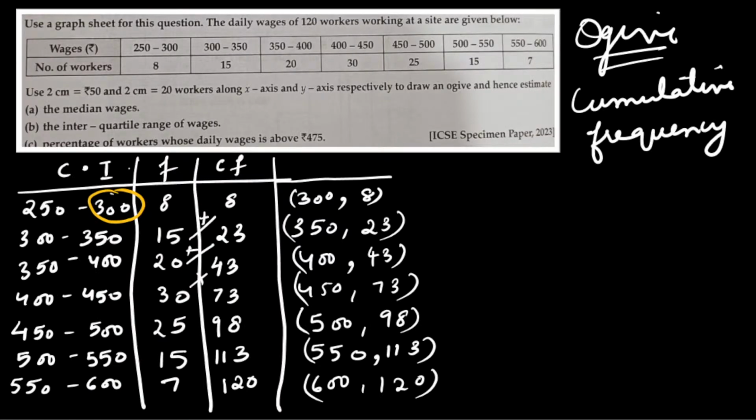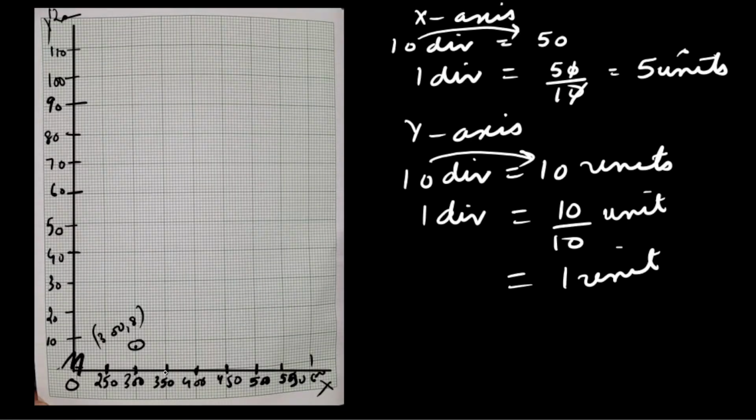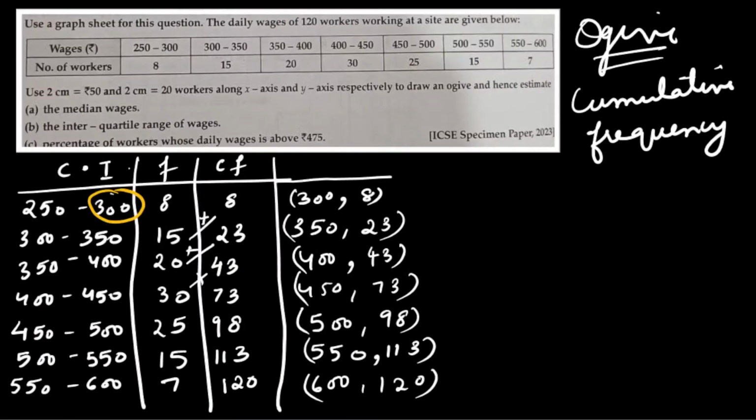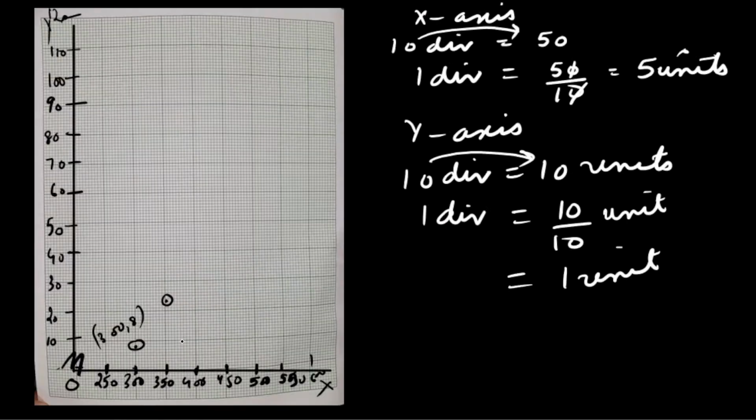Then 350, 23. 350 along x-axis you find 350, then vertically straight you have to go till point 23. So 21, 22, 23. So here it is. Then next point, like in any other chapter of coordinate geometry we plot, same way we have to plot 400 comma 43.